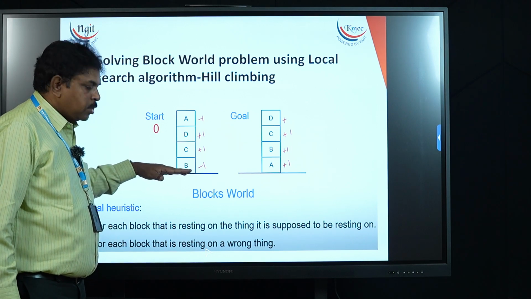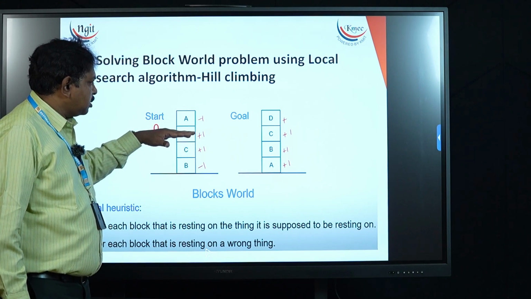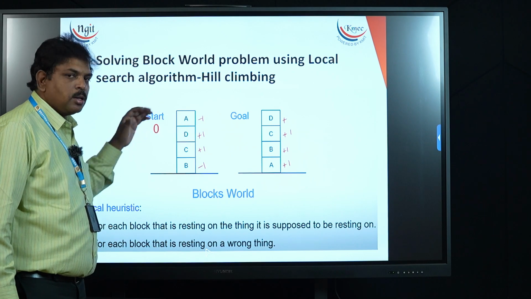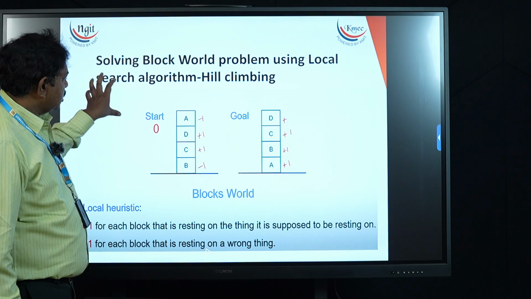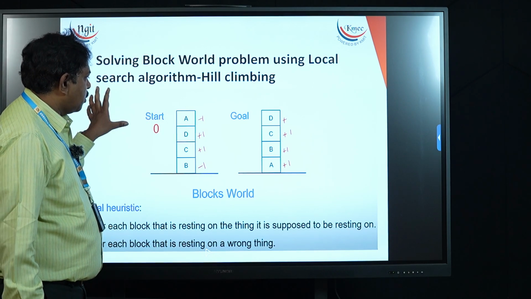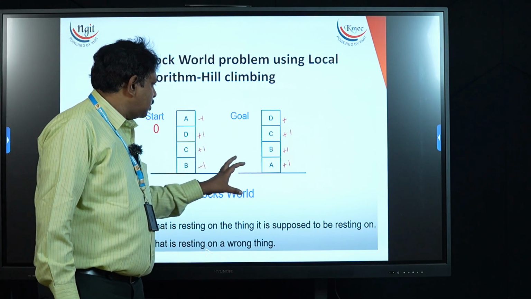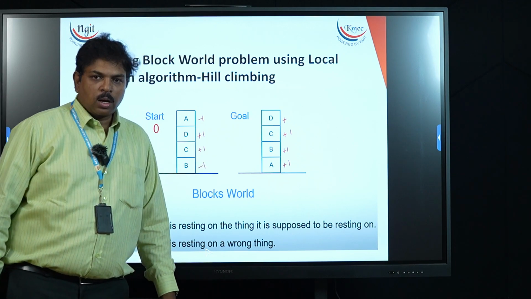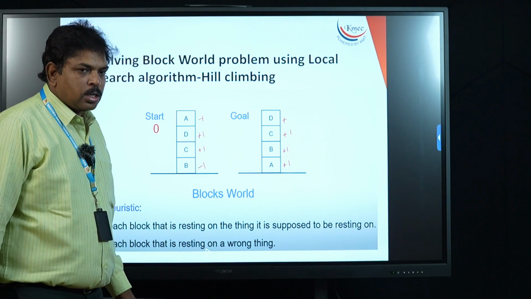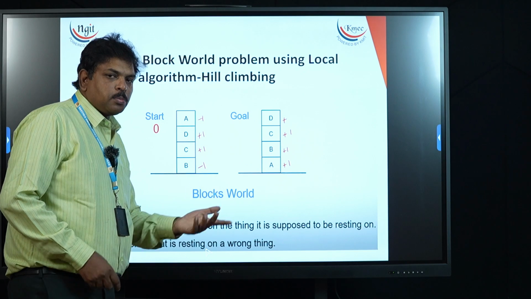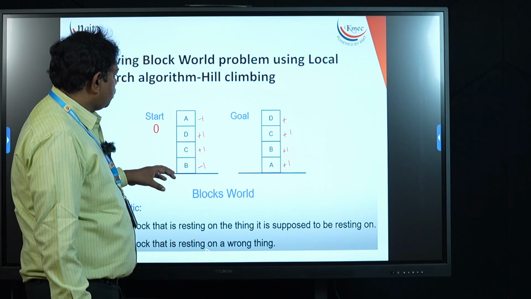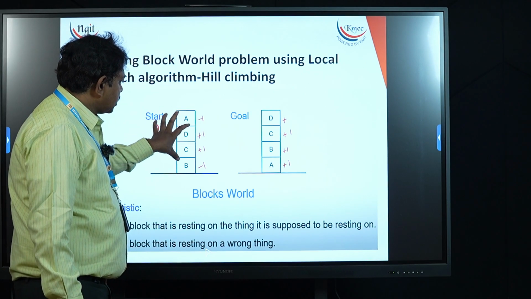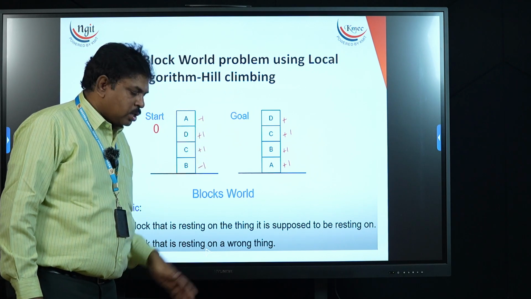The first block is B, on B, C is placed, D is placed on C, and A is placed on B. This is the starting state of my problem. The goal state is that these blocks should be arranged in this order A, B, C, D. Now, if I use a hill climbing algorithm, how do I solve this problem? How does my algorithm start from this state and reach this state?